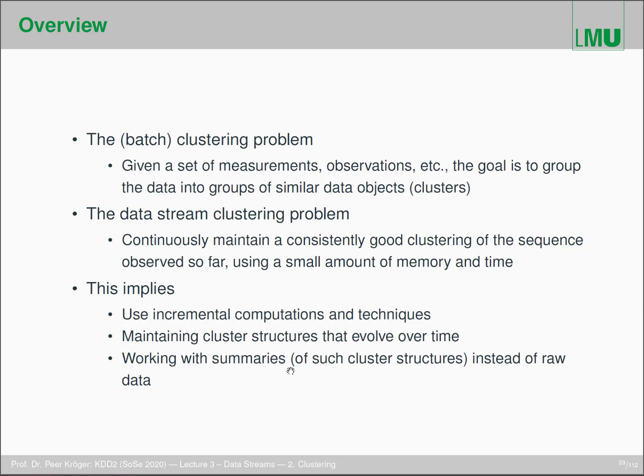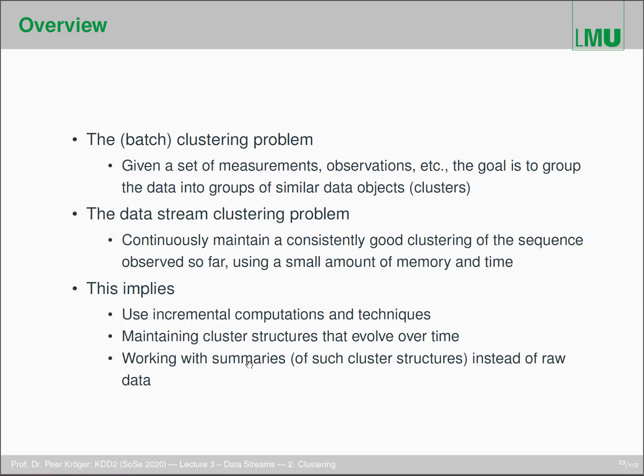And typically, since those cluster structures have to be approximated because the time and the storage constraints, the space constraints are too hard, we typically work with summaries of such cluster structures that should evolve over time instead of working with the raw data, obviously.